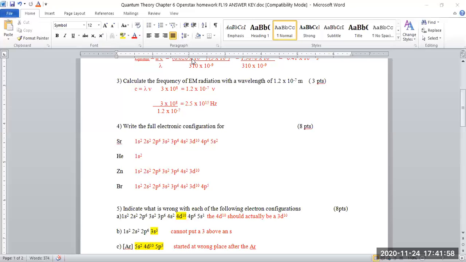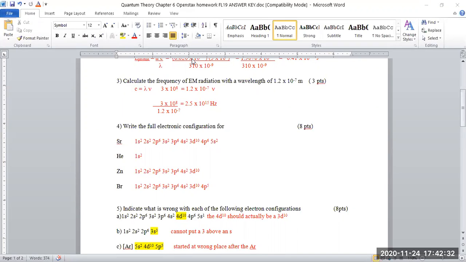So that one was a moderately large atom. Helium, on the other hand, is awfully small. It only has one layer. We've got 1s2 and that's it. For zinc, this one has a few less than strontium. Zinc is number 30, so it has 8 fewer than strontium. It has nothing past the 3d10.